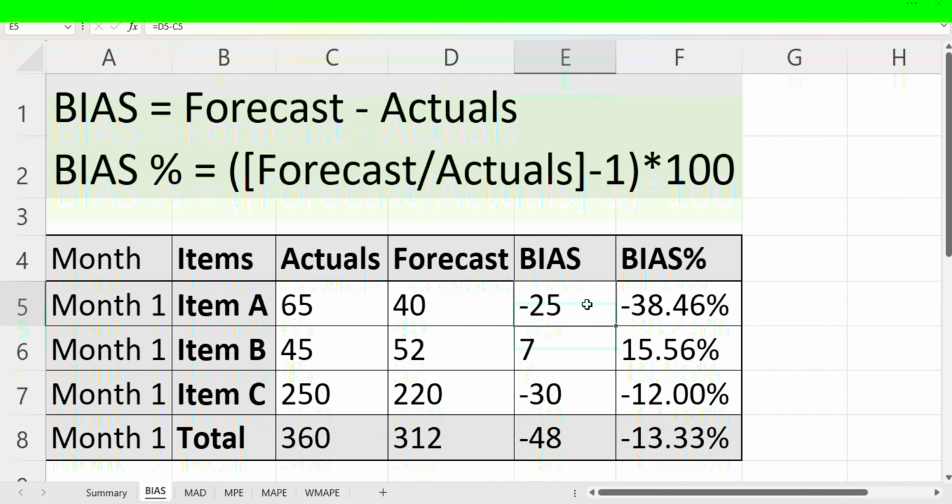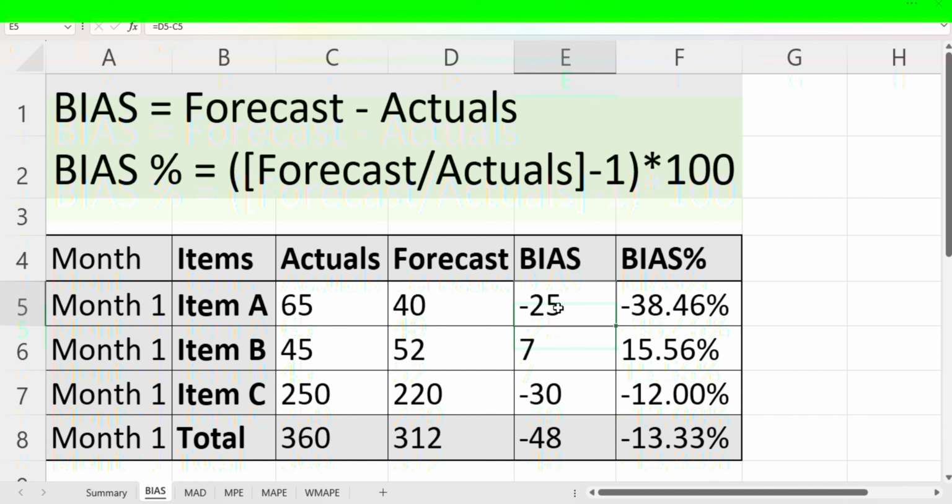Then I calculated the bias using the formula D5 minus C5, that is forecast minus actuals, for all three items. I also calculated the bias percentage for all three items using the formula you see on your screen, D5 divided by C5 minus 1, that is forecast divided by actuals minus 1. And I also have the total bias including all three items together.